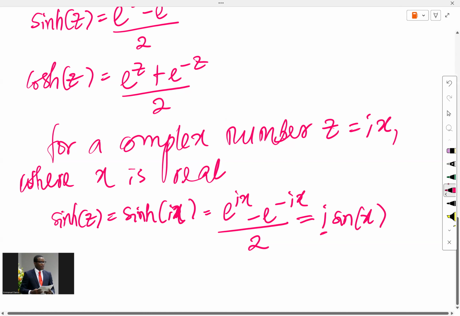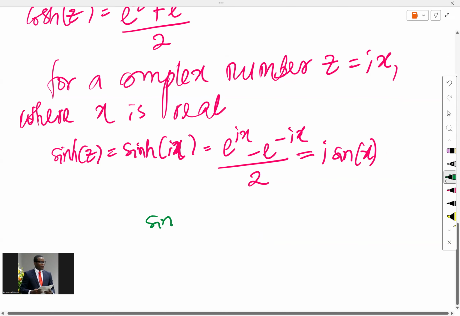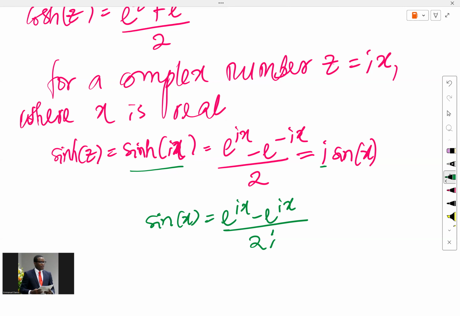So this i is what comes under here. So you can see that sinh ix is the same thing as i sin x. Very interesting connection right there.